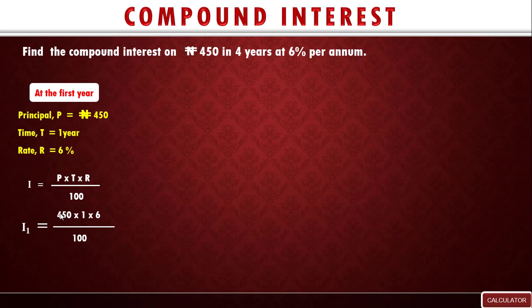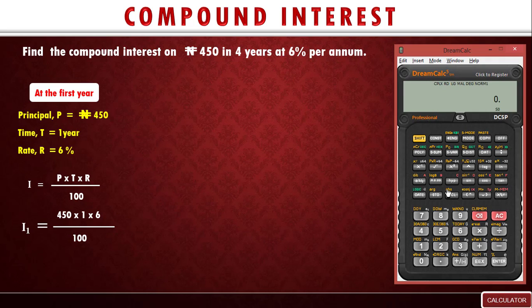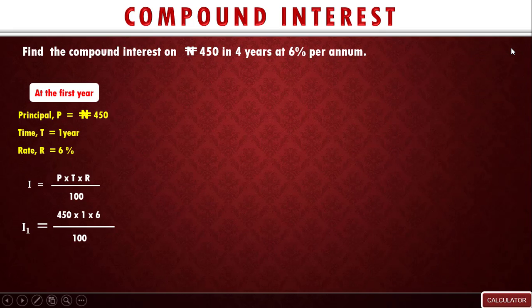Let's use our calculator to solve this. 450 multiplied by 1 times 6 equals, enter, that's 2700, divided by 100. Press enter, that gives 27. So our I1, which is the interest at the first year, is 27 naira.